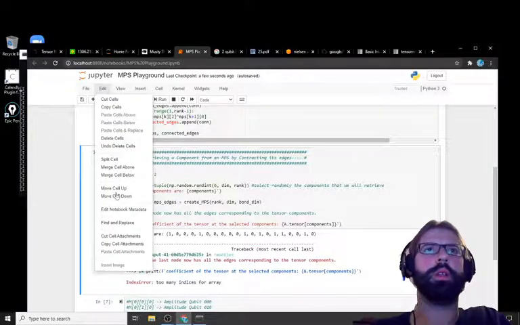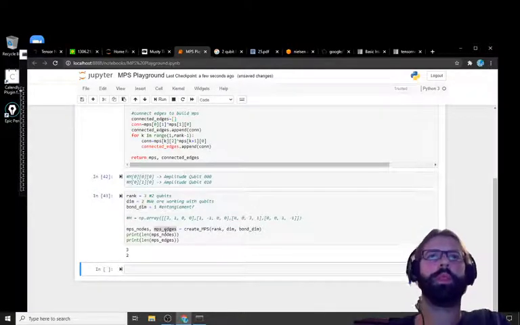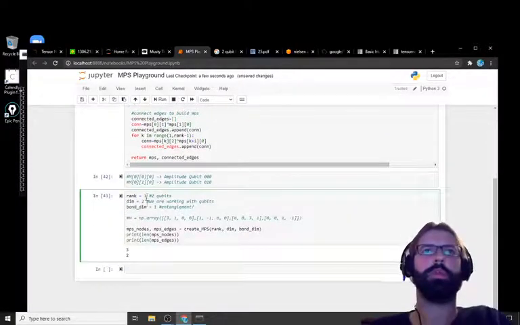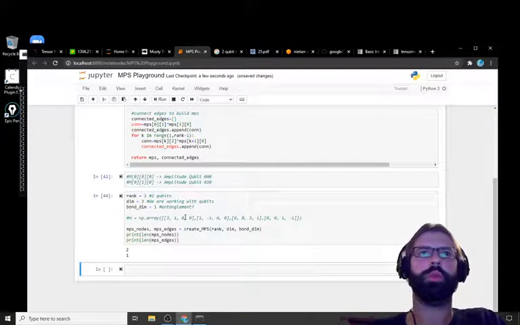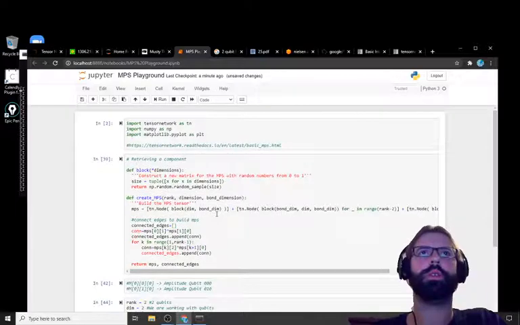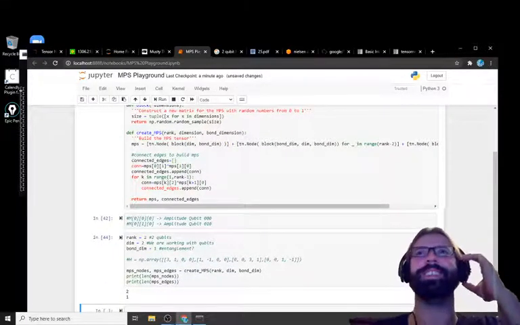Split cell, delete cells. Yeah, that makes more sense, because now if I say rank 2, dimension 2, yeah, that makes sense. Okay, leave it here. I think there's a bug here.